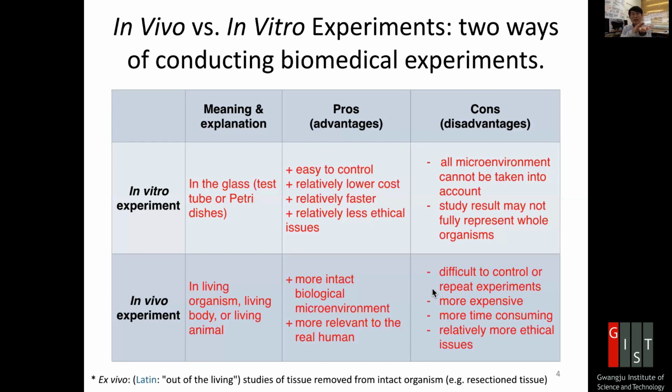And of course, instead of cell lines, we are using a real animal, and that becomes more expensive and, of course, time consuming. And also, nowadays ethical issues are important because we have to protect animals. We have to consider the ethical issues of this experiment. So in these aspects, we have to consider which approach to use.